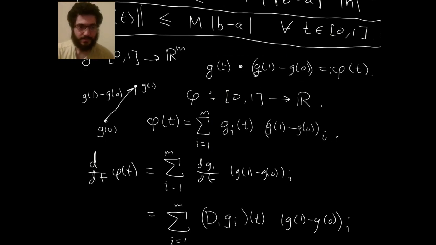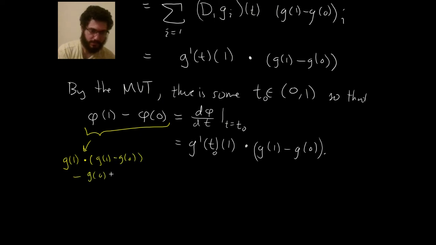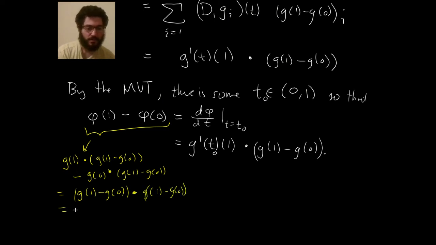So that means phi 1 minus phi 0 is going to be g1 dot g1 minus g0 minus g0 dot g1 minus g0, which can be rewritten like this. In other words, we have the squared norm of g1 minus g0.